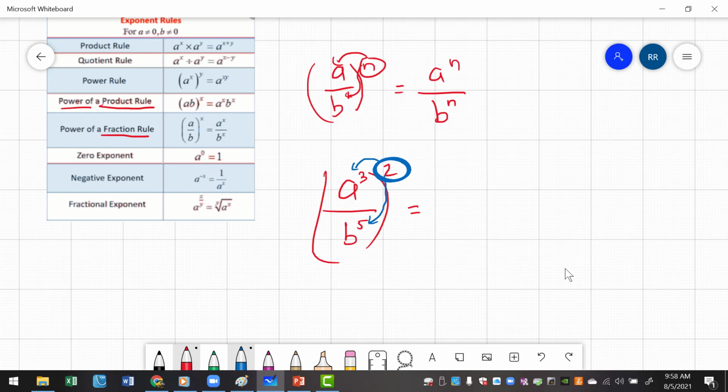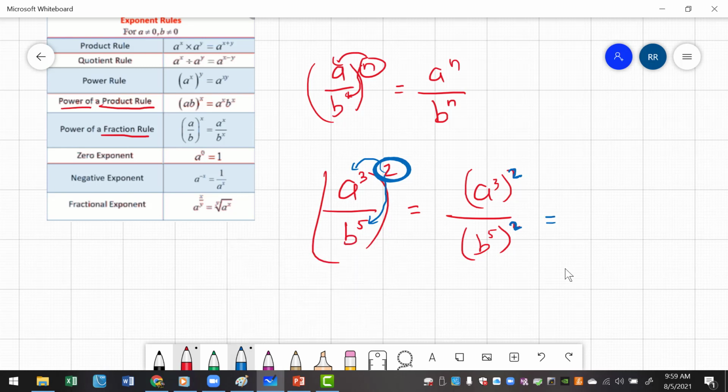So we get a to the power of 3 to the power of 2, and b to the power of 5 to the power of 2. That 2 is distributed to all of the terms inside the bracket, so you can do the power rule and just calculate this easily.